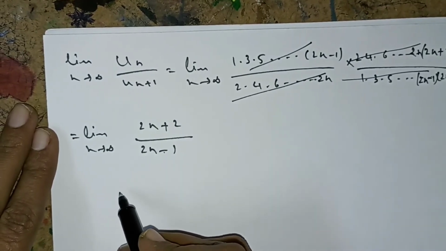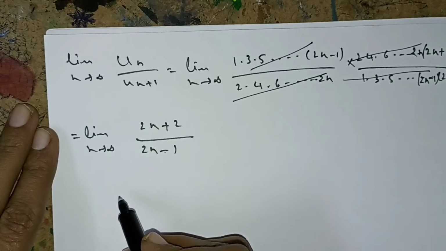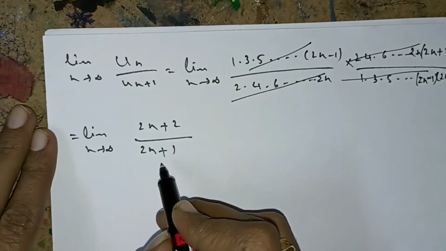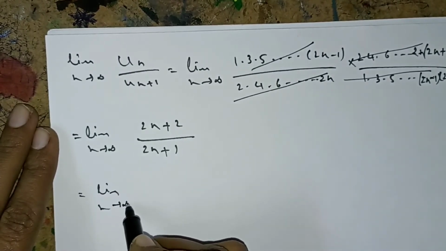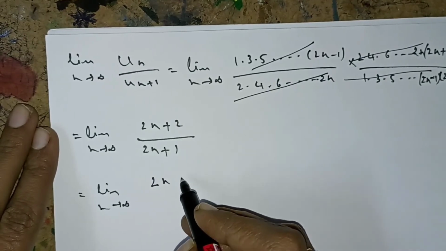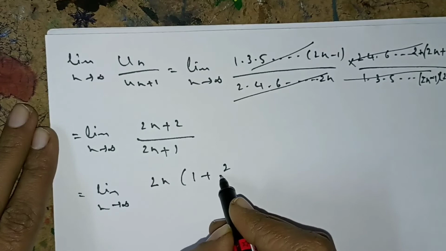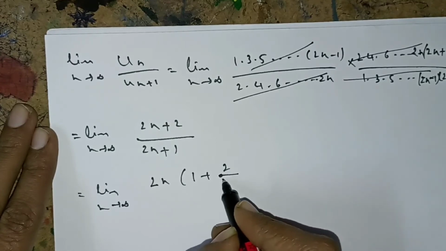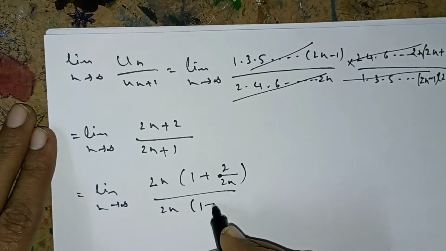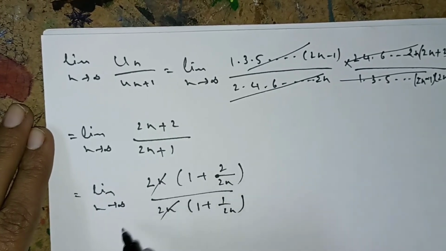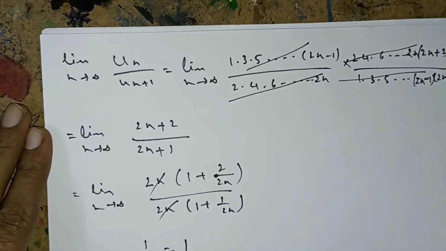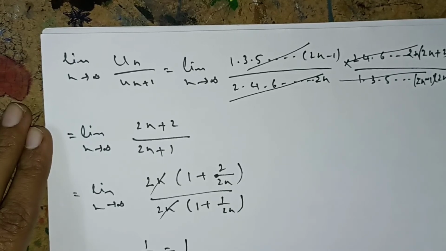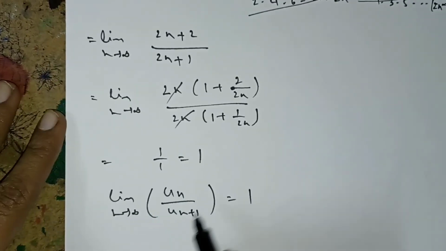Taking 2n common, we get limit n tends to infinity of (1 plus 1 by n) by (1 plus 1 by 2n). Applying the limit, 1 by 1 is equal to 1. Therefore limit of un by un plus 1 is equal to 1.